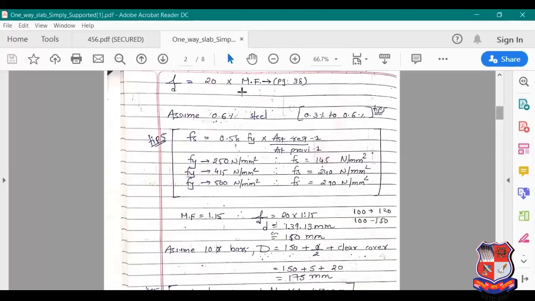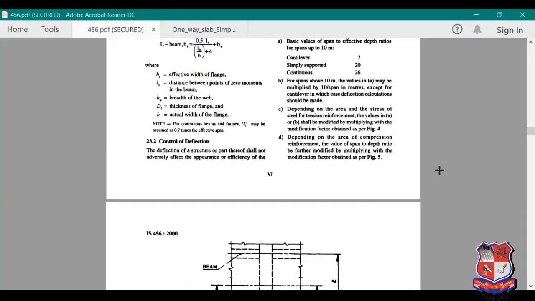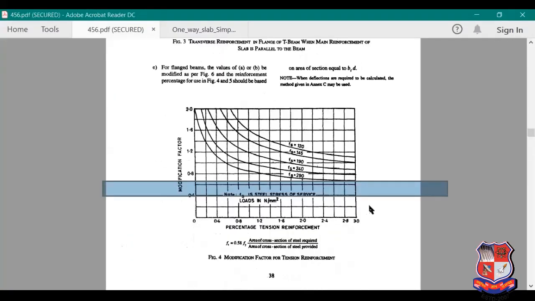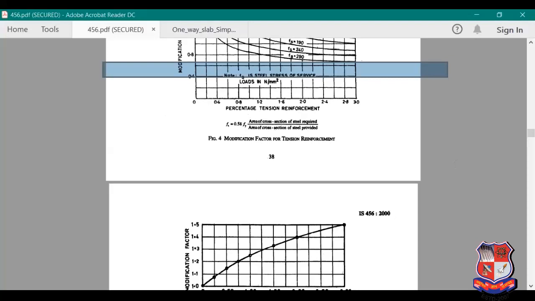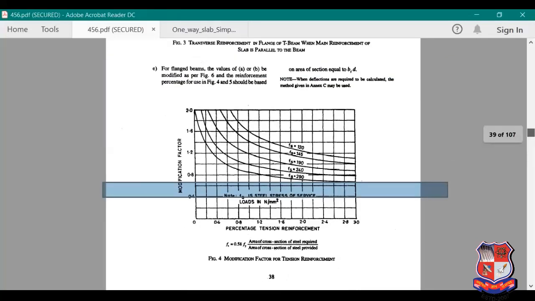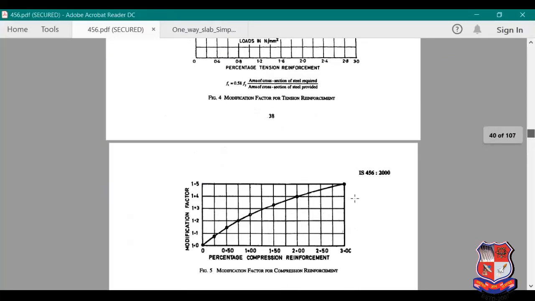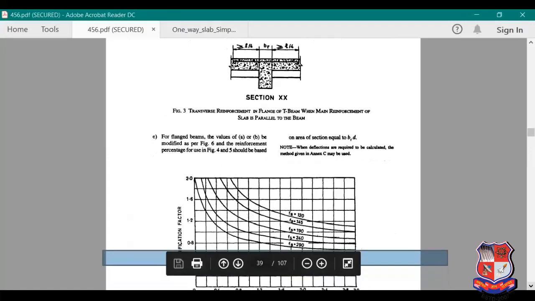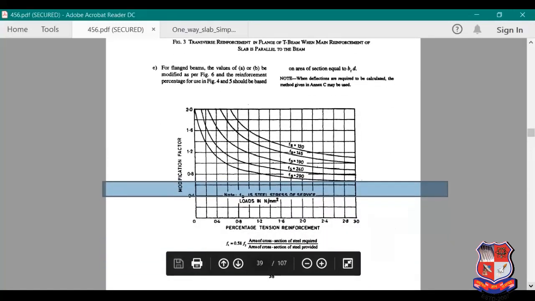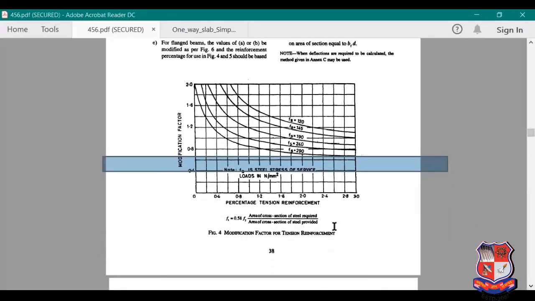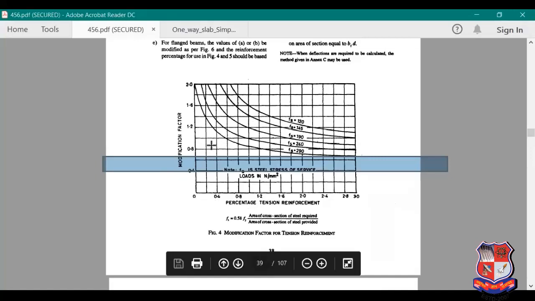And there would be L by D into modification factor. So how can we find the modification factor? From figure number 4, page number 38. In this graph, we can find out the modification factor. The modification factor depends upon how much percentage of steel we have assumed. So we have assumed 0.6 percent of steel.